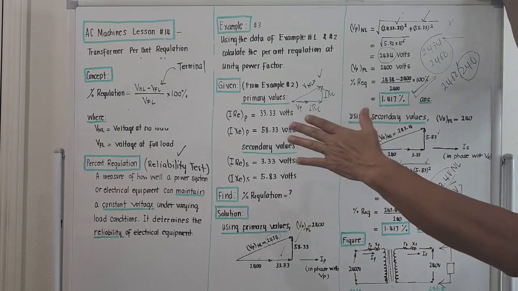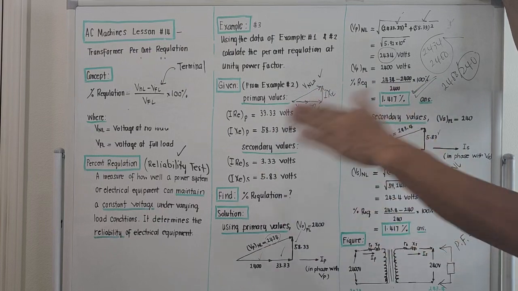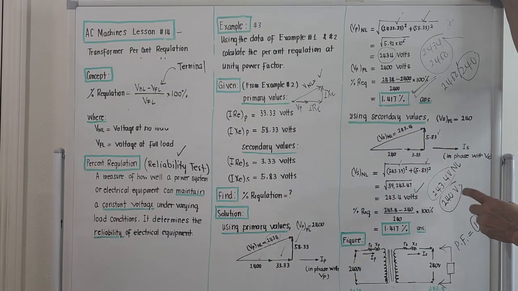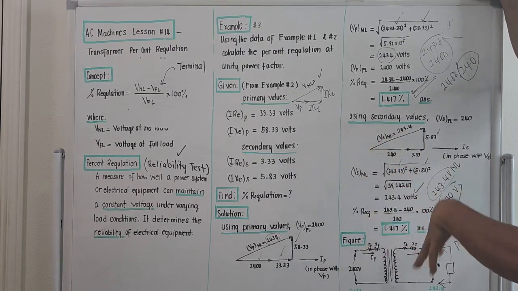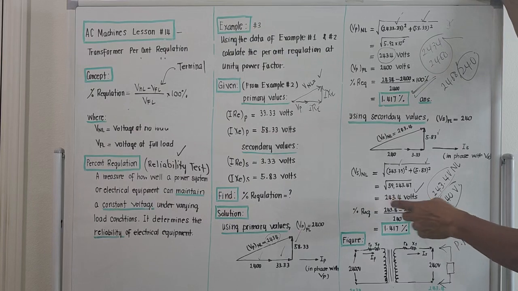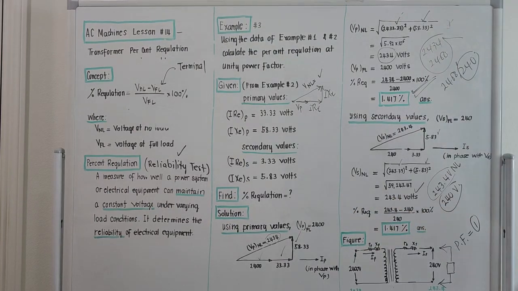So when the full load condition appears, it will drop to a value of exactly 240. If we compute the regulation, it should be the same: 243.4 minus 240 over 240, and the result is the same, 1.417%. That's the percent regulation of a transformer.